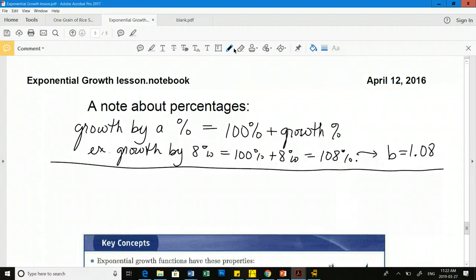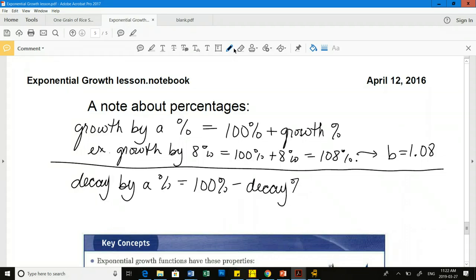Okay, so that's growth. Tomorrow we're going to do decay, but I'm just going to tell you now, if it's decay by a percent, it will be 100% minus the decay percent. So growth will be plus, decay will be minus. So as an example, if I'm losing value on something, like for instance, if my car is decreasing in value by 20% every year, how much of my car's value remains every year?